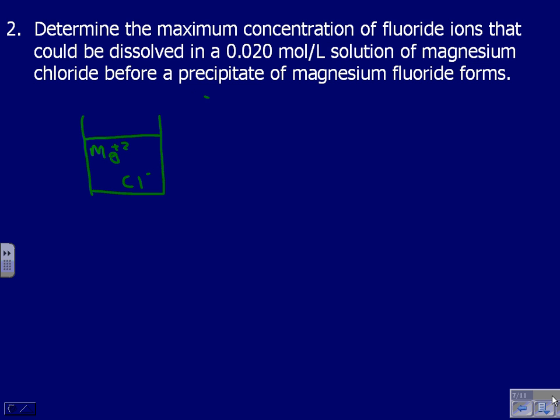In other words, I'm going to add something in here that contains F minus, and at some point a precipitate of magnesium fluoride is going to form.